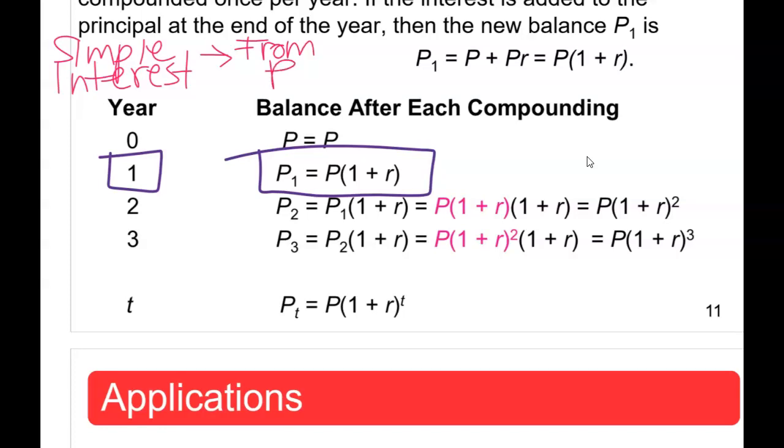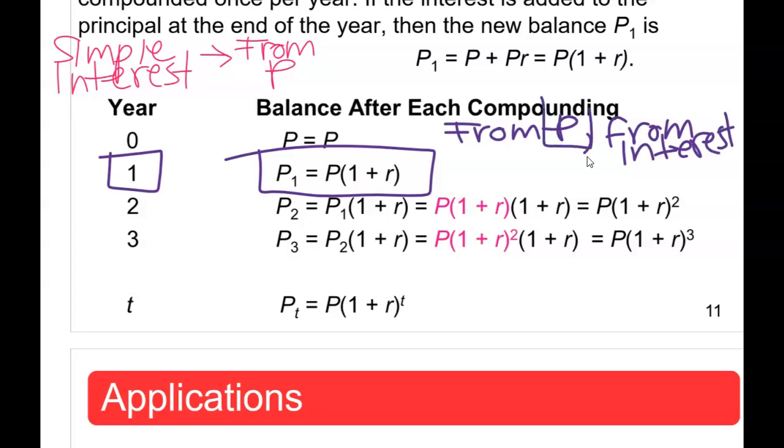With compound interest, you earn interest from the principal, but also from the interest that you accumulated from every compounding period. So your accumulated interest gets added to your principal, and that's how it is considered exponential. It grows way faster than simple interest.